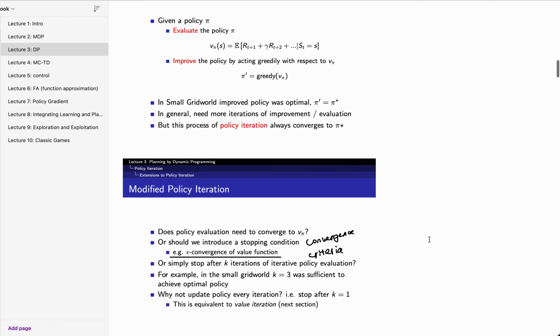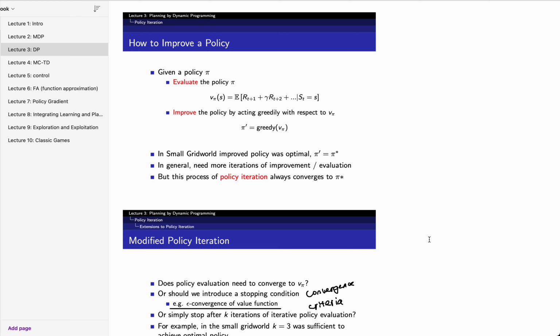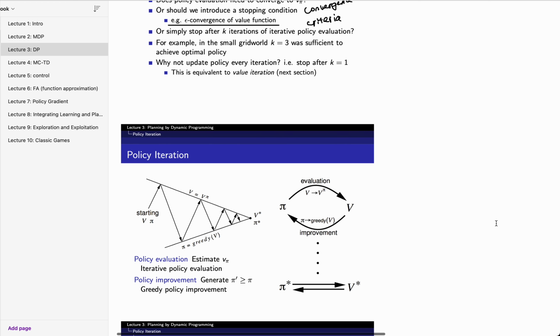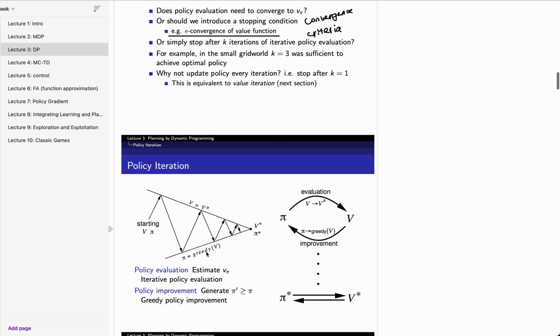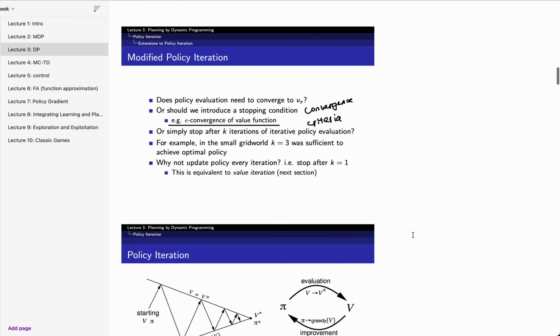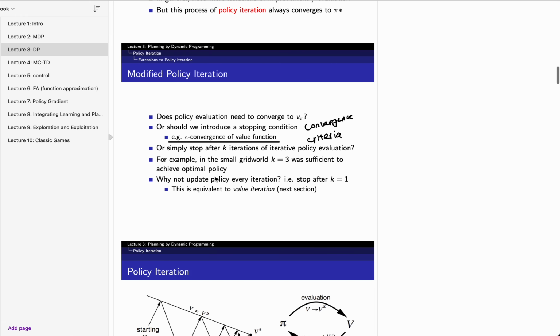Okay, so this is generalized policy iteration, where you evaluate v pi and then you generate a better policy by acting greedily. Instead of acting greedily, you can also do a so-called epsilon convergence of the value functions. So basically, instead of iterating all the way, you can define a stopping criterion.